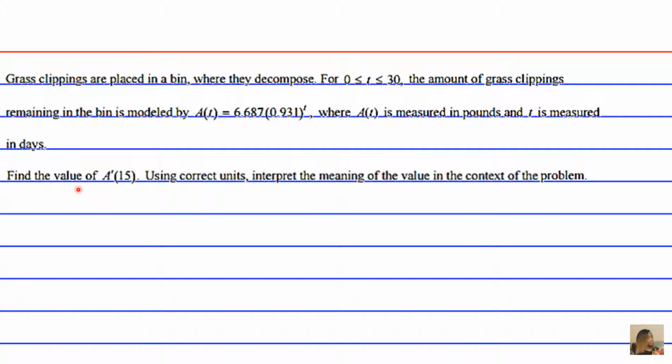Find the value of A prime of 15, where 15 is 15 days, and using correct units, interpret the meaning of the value in the context of the problem.